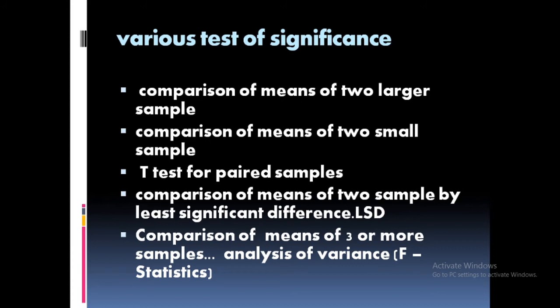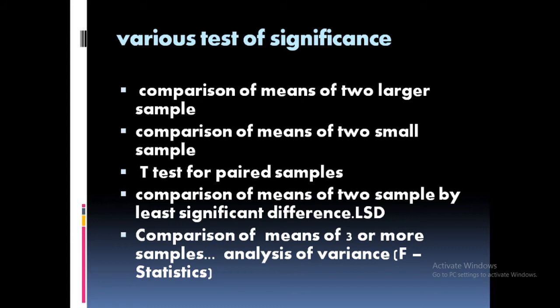There are many situations like comparison of means of two large samples, comparison of means of two small samples, then the t-test used for paired samples, then comparison of means of two samples by the least significant difference, that is LSD test, then comparison of means of three or more samples by analysis of variance, ANOVA or F statistics.